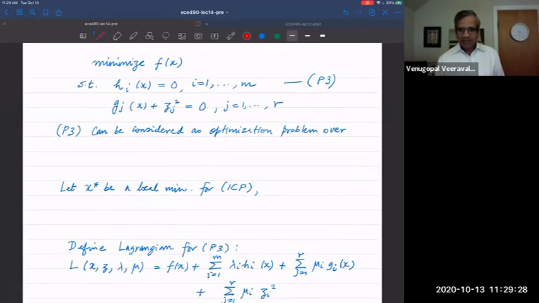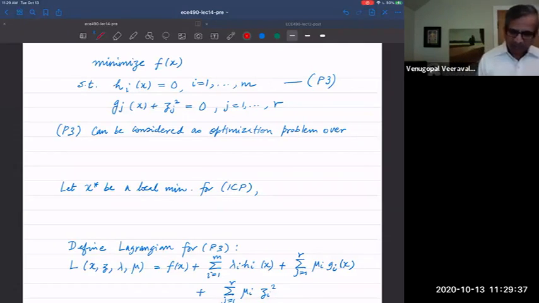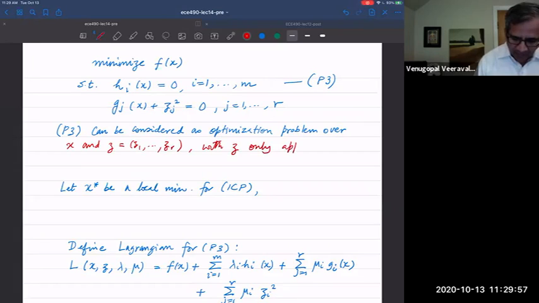So you're minimizing f of x over these equality constraints, but this is an optimization problem over x and z, with z only appearing in the constraint.